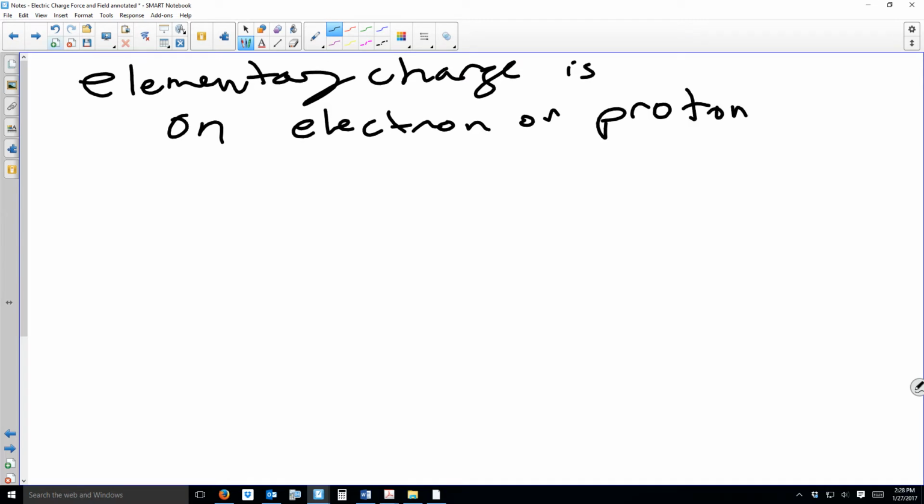So we represent that as e, and for an electron it would be negative e because electrons have negative charge, and protons would just be e. It's nice. We can use the elementary charge to count how many more protons or electrons we have, but we can't use that e as a unit in our calculations. We have to use coulombs.